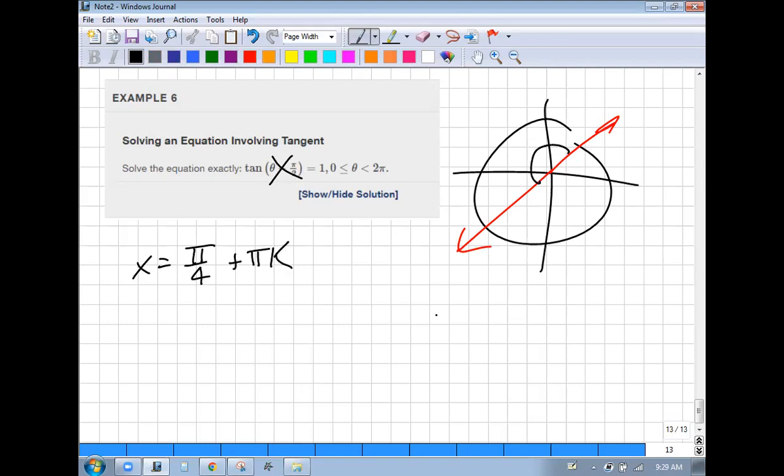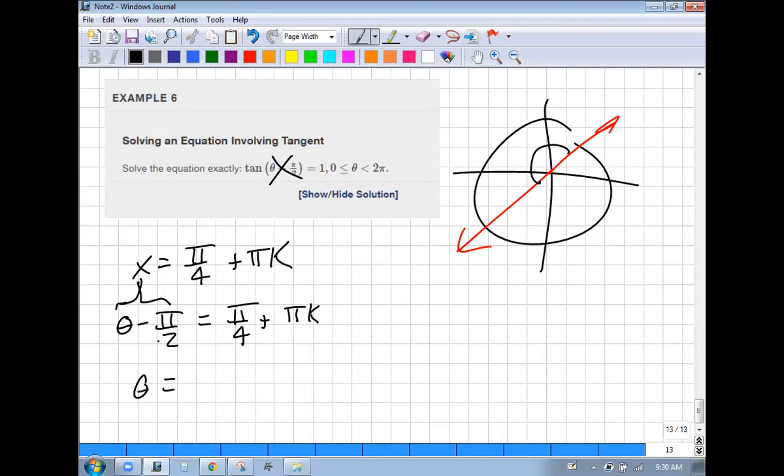Remember, tangent's pi periodic. If I add pi or subtract pi, I'm going to get an angle that points in those directions, right? But that's what x is, right? Well, x, whatever that stuff is in here, is really theta minus pi over 2. Okay, so all I did was replace that with what it is, because we don't want to know what x is, we want to know what theta is, right?